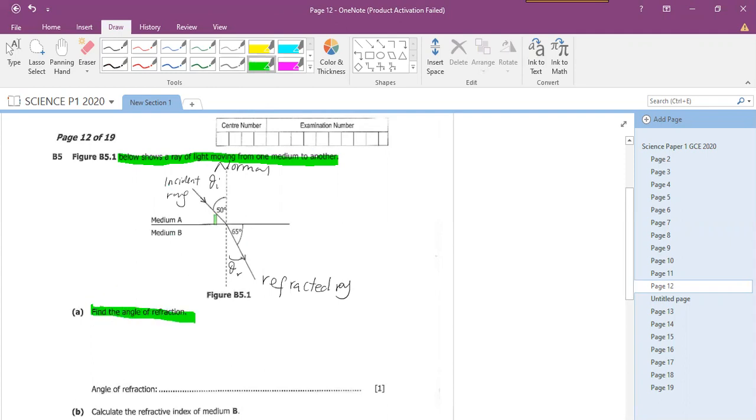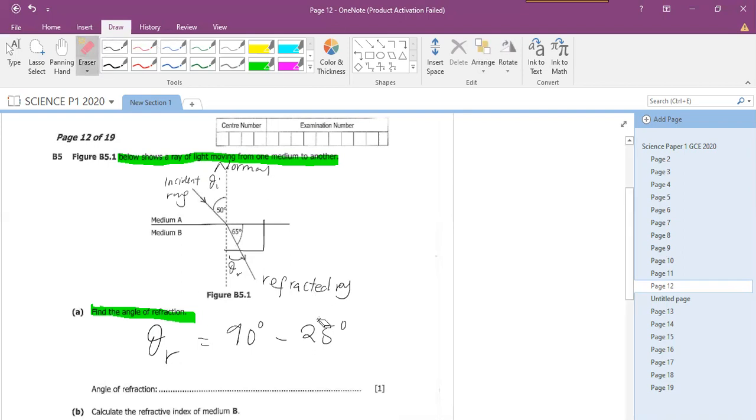This normal line is always going to meet the surface of this medium at a 90-degree angle. So in actual fact, this whole angle here is 90 degrees. Therefore, the angle of refraction would be 90 degrees minus 65 degrees, since this angle is 65.